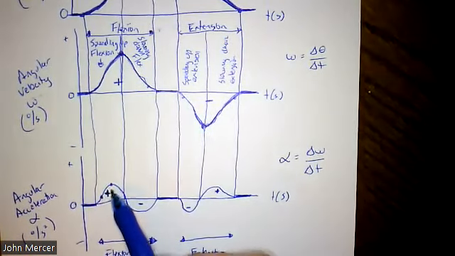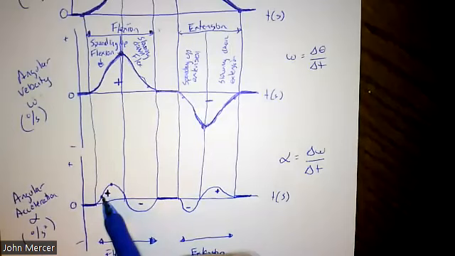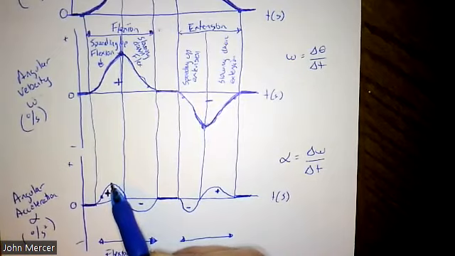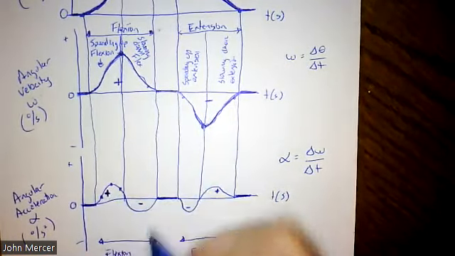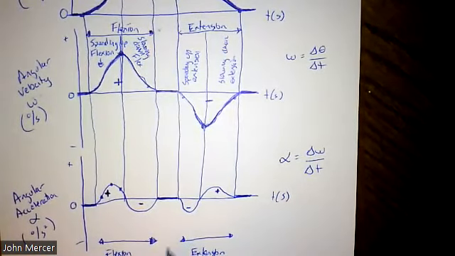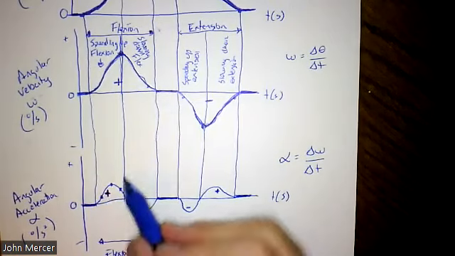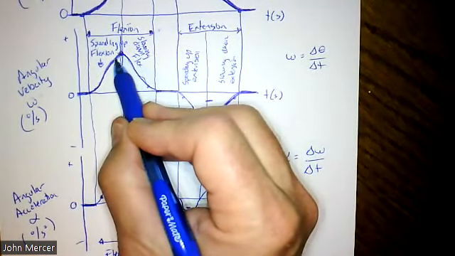All that's happening here is we're speeding up through flexion faster here than here. Here we're just speeding up a little bit. Here we're speeding up a lot. Here we're also speeding up through flexion, less than the fastest, a little bit more than this point, but it's still speeding up through flexion.